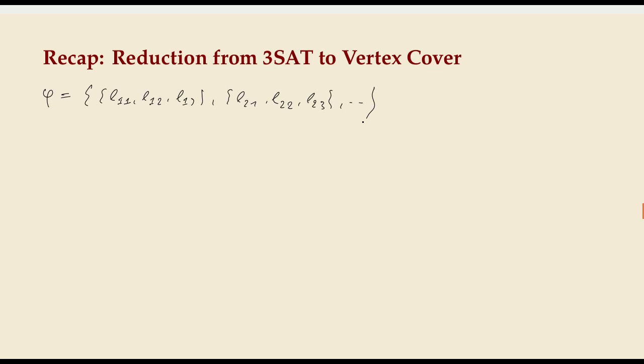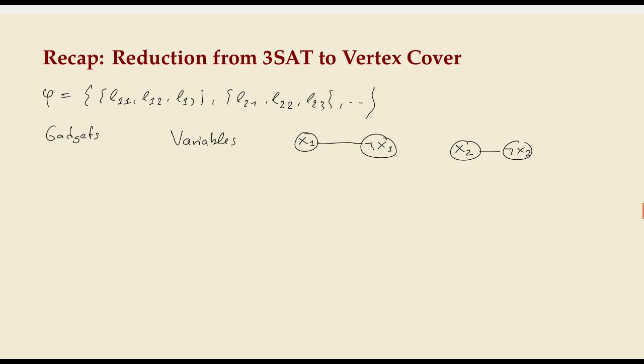And the reduction is based on the idea of gadgets. We need gadgets for variables. And we can, in the simplest case, say a variable is represented by this partial graph, which is just two nodes and an edge in between, and we will mean that a node that is contained in the vertex cover means that the literal given in its label is set to true.